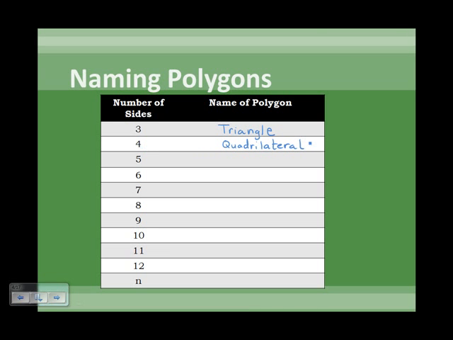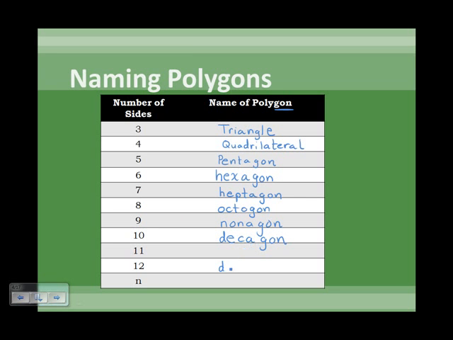For a 5-sided figure, we actually start using the gon here, and we call that a pentagon. 6-sided is a hexagon. 7-sided, heptagon. 8-sided, octagon. 9-sided, nonagon. 10-sided, decagon. 11-sided, I can't even remember the name of the 11-sided.